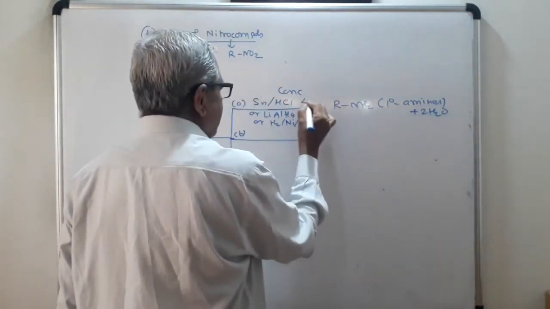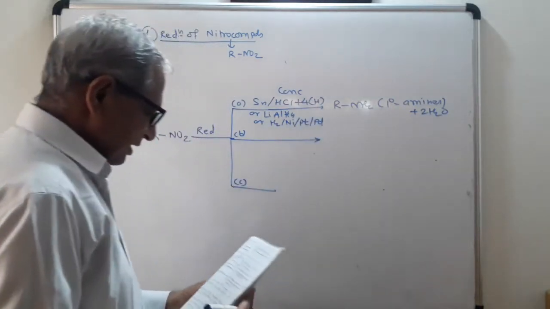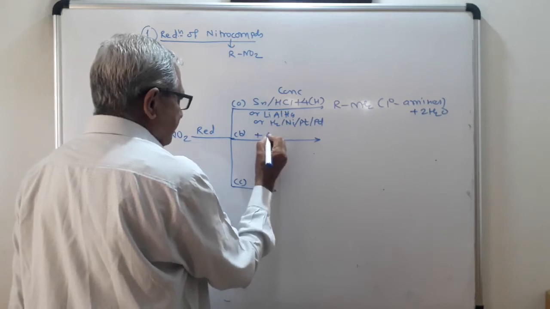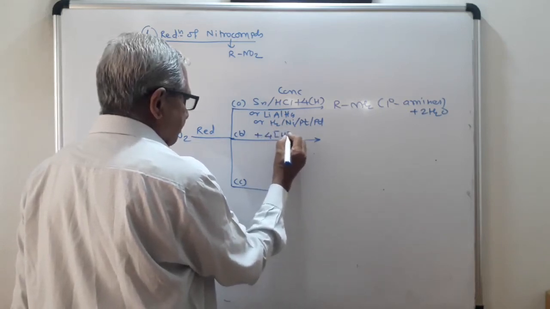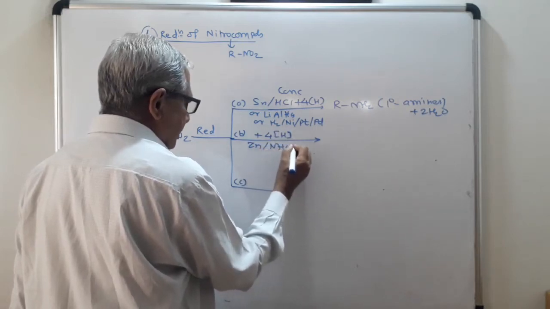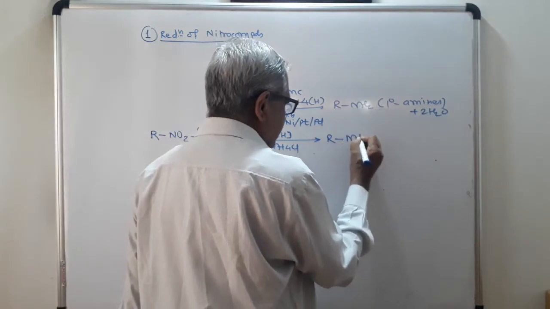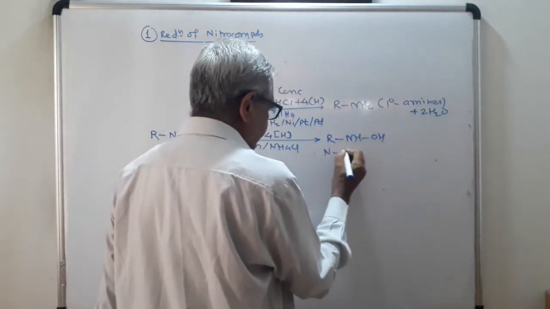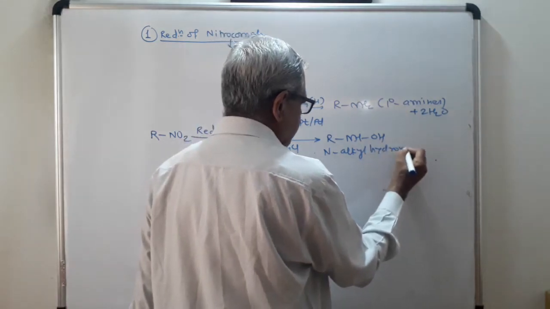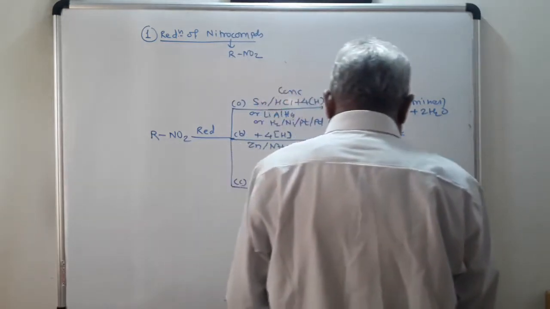During this reaction, 4 hydrogen atoms are added. Second thing, again here 4 hydrogen atoms will be added, nascent hydrogen, but the reagent is different. Here the reagent is zinc and ammonium chloride. In this case, you will get N-alkyl hydroxylamine, and the byproduct is H2O.